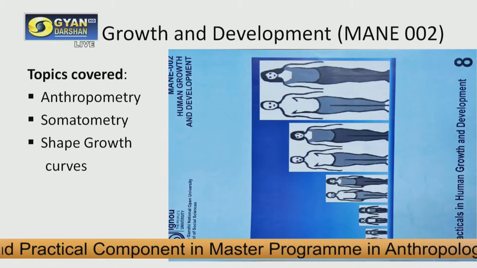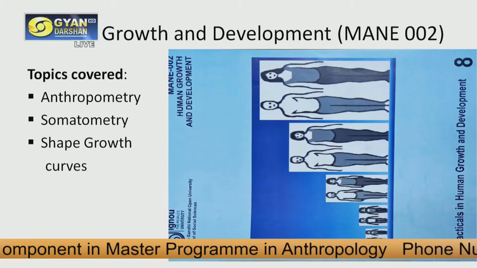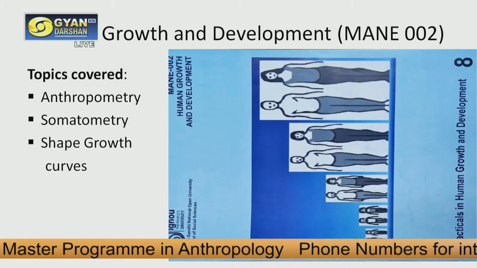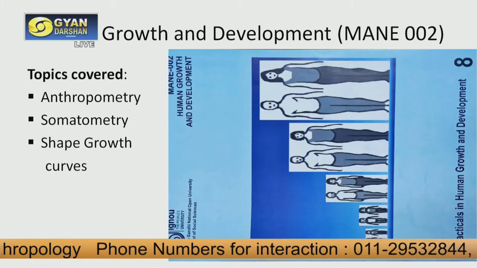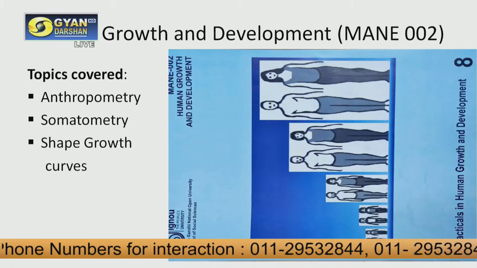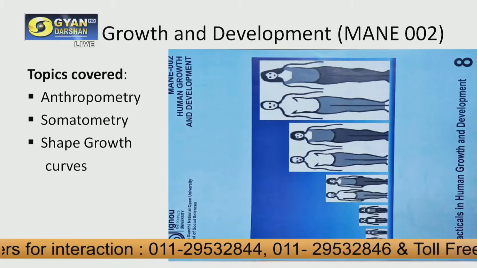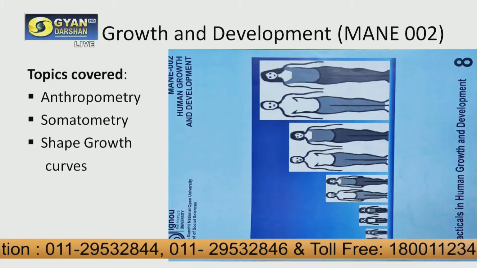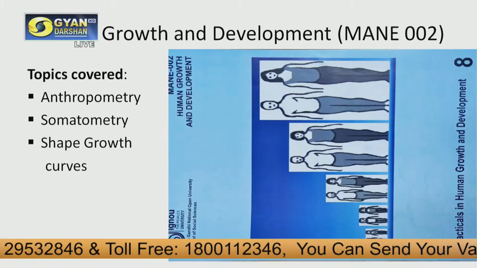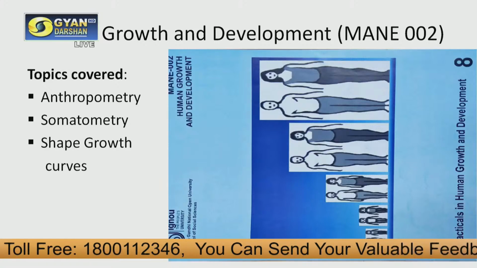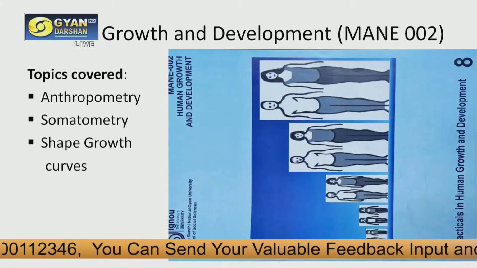What kind of measurements are used in studying human growth and development? Height, weight, sitting height, circumference measurements, and the different kinds of indices we derive with the help of these measurements are all discussed in this unit.